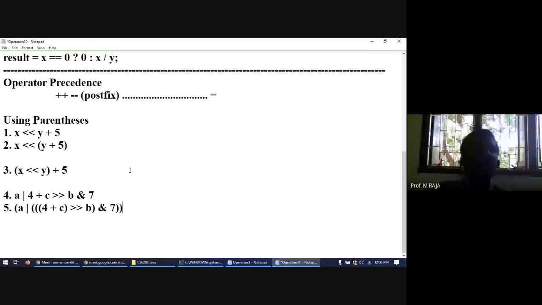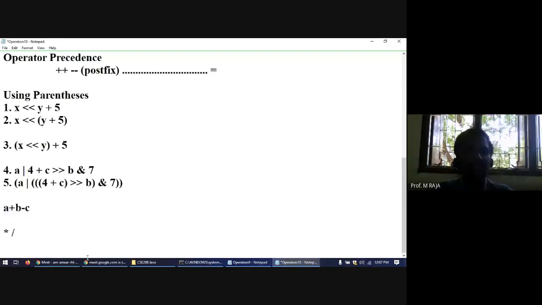In that case, operations are evaluated from left to right. For example, plus and minus all take the same precedence. Star and slash take the same precedence, but the operations are evaluated from left to right. For example, a plus b minus c. A plus b is evaluated first because plus and minus take the same precedence, and then the operation minus c is performed on the result.